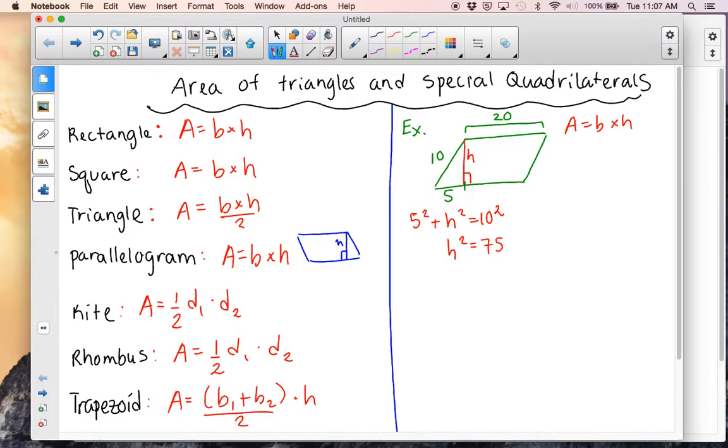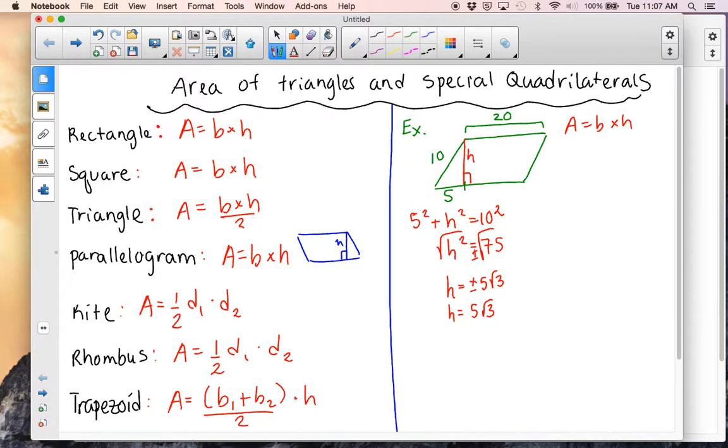So h equals 5 square root 3, 25. So when you simplify this radical, you end up with plus or minus 5 root 3. Now, remember that this is a real figure, so you don't need the negative. You're just going to use positive 5 root 3.